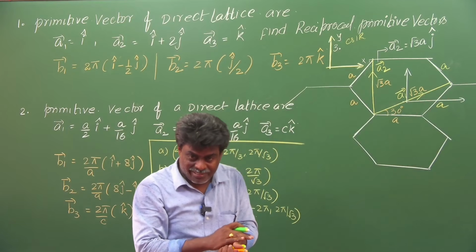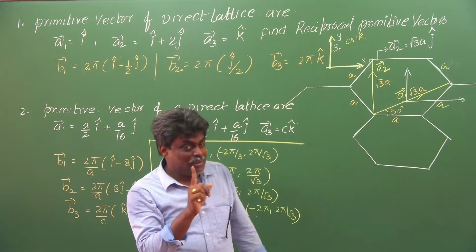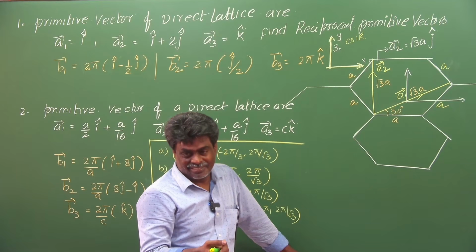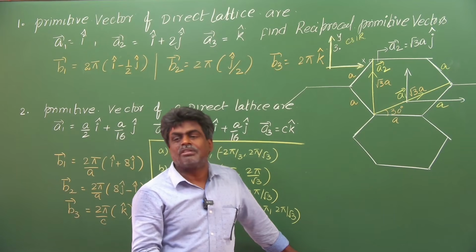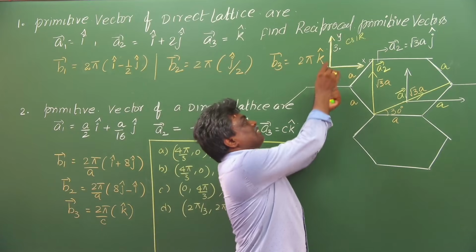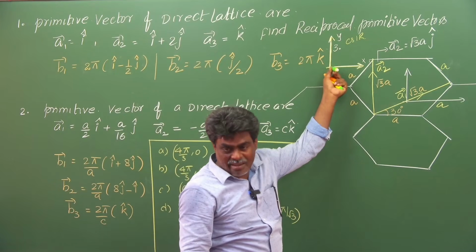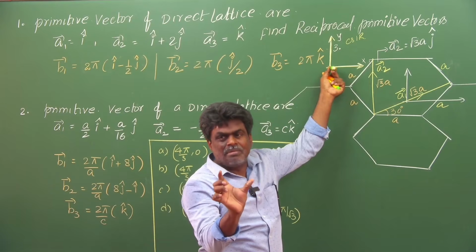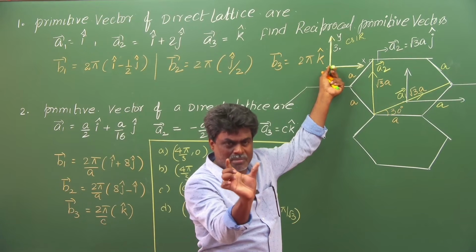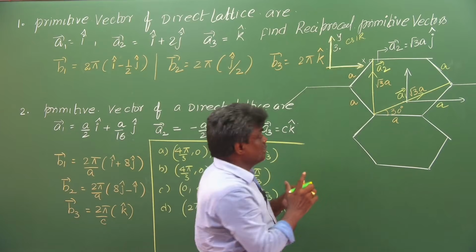After that, if you want to find the reciprocal lattice vector, you need the third one. Without the third one, how will you find it? That's why you have to assume the third one as z cap. They have not given it, that's why we take a minimum parameter, A z cap. So don't forget this.